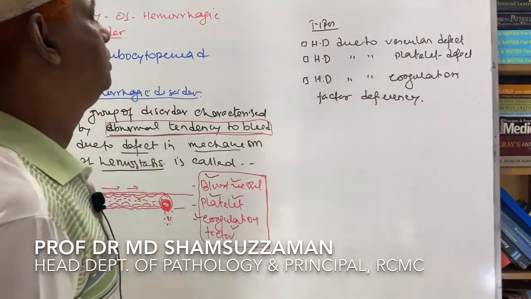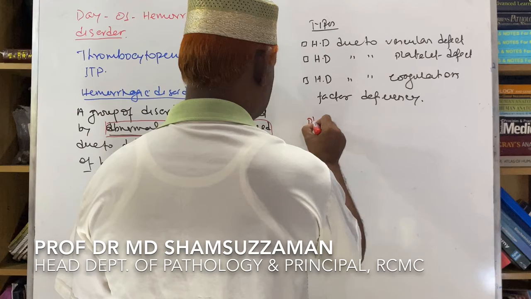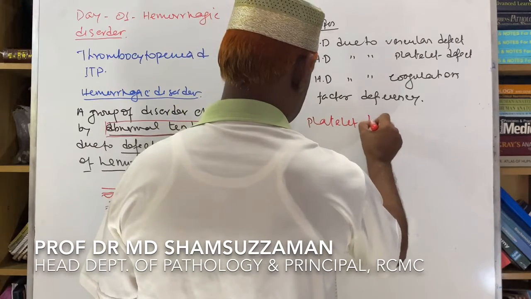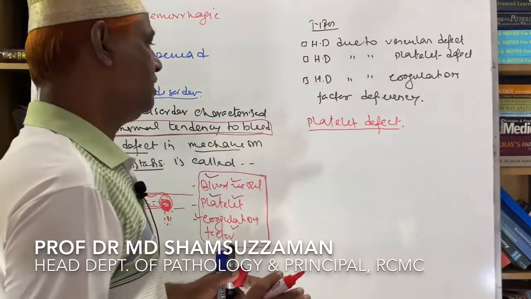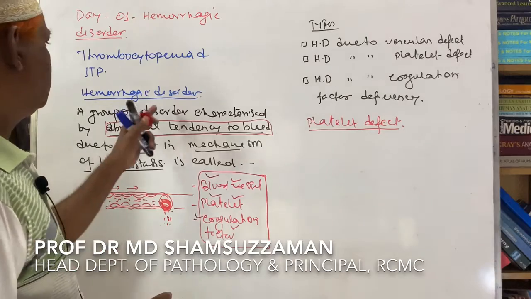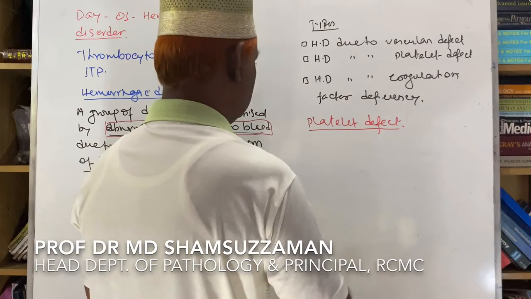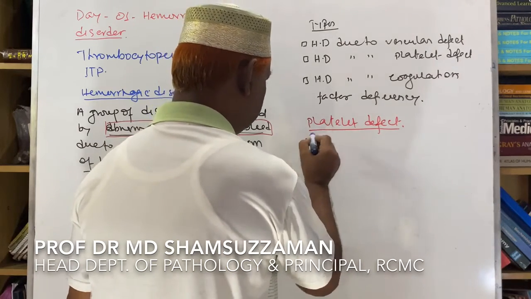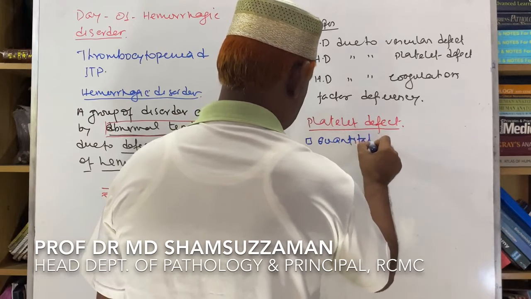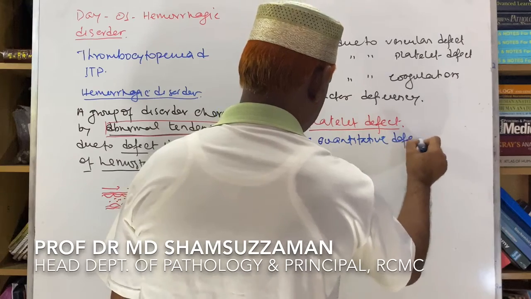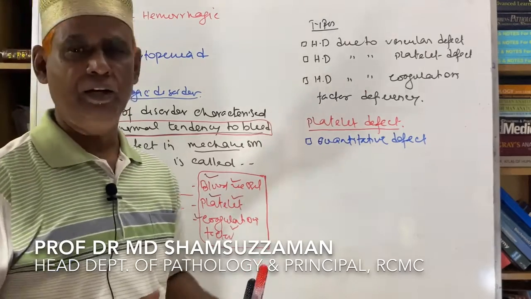Today we come to platelet defect. There are two types of platelet defect associated with hemorrhagic disorder. One is quantitative defect, in which the quantity or number of platelets is decreased.